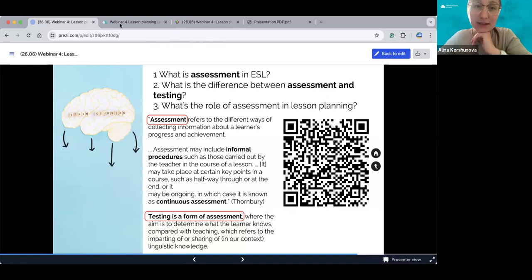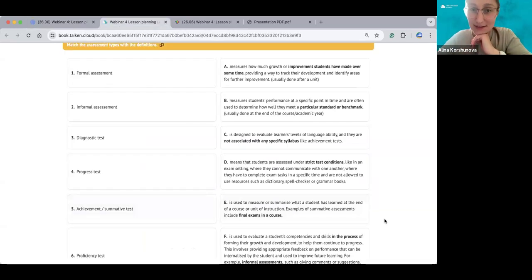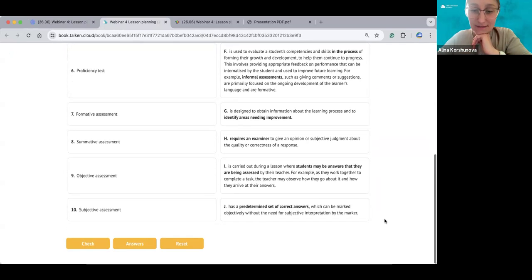You can click on reset and try it again here, or you can check the answers if you're not sure.